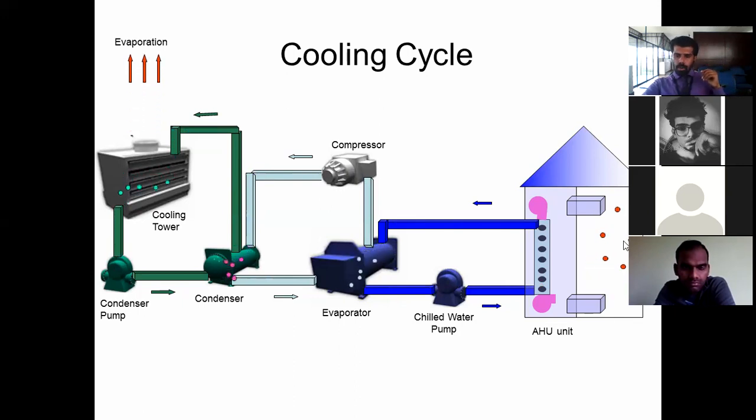So here air is circulated through the air handling unit. Now you can see at this position what happens. This hot or warm air gets in contact with the chilled water inside this.